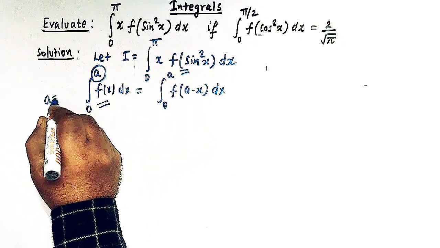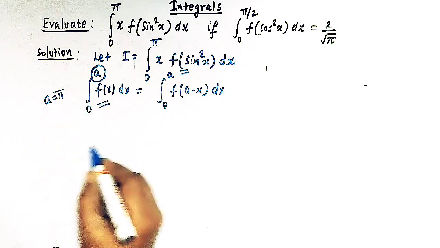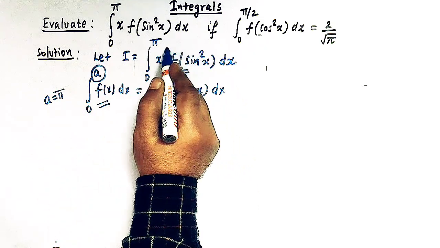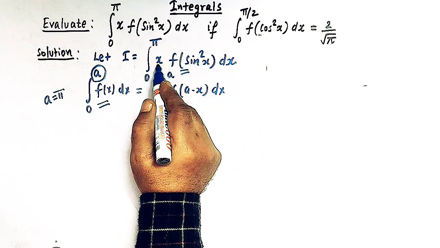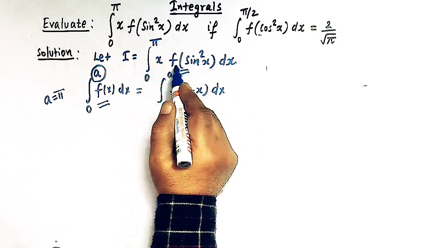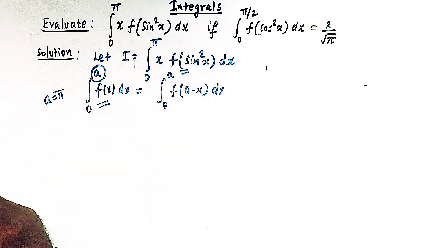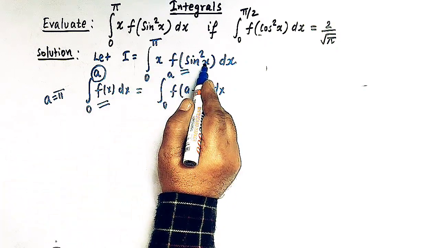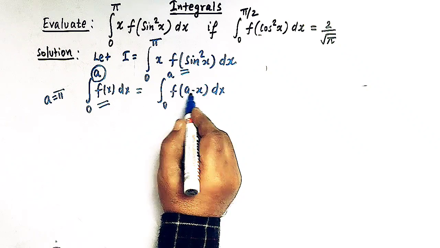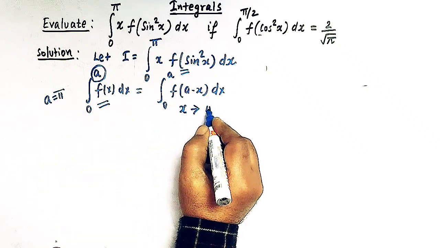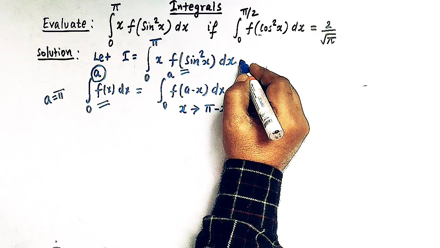So the value of a is pi, and this function f of x is given by this entire function, right? So we have x times f of sine square x as f of x. So let us replace these x by a minus x, and a is pi, so let us replace x by pi minus x in this integral.